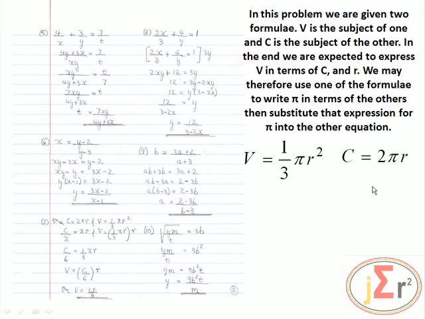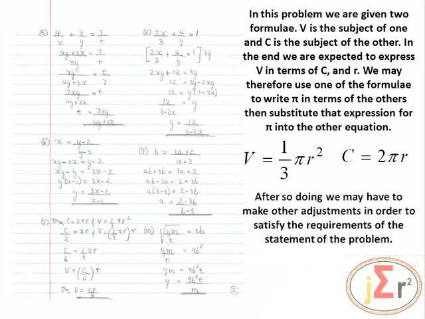But the easiest way of solving this problem, we will take a look in a short while and we will see that. After so doing, we may have to make other adjustments. That is, after taking pi as the subject and substituting the expression into the other one, after doing that, we may have to make other adjustments in order to satisfy the requirements of the statement of the problem.